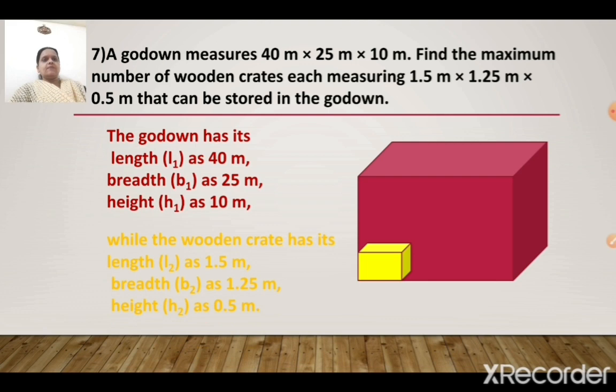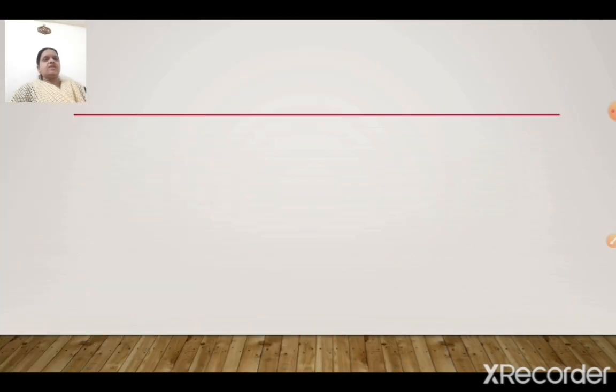Now what will be the dimensions of that wooden crate? We will consider length as L2, which is equal to 1.5 meter. Breadth B2 equal to 1.25 meter and height H2 equal to 0.5 meter. So these are the dimensions given. Let us find out the number of crates.